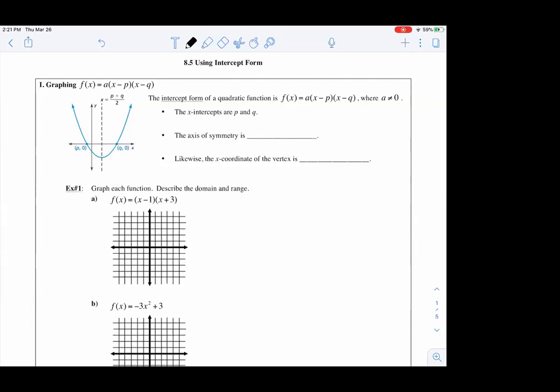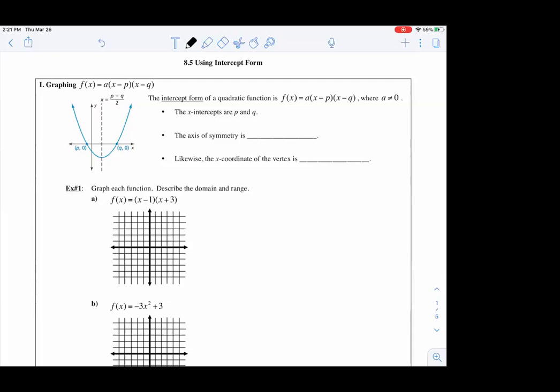Adrian, can you tell me what is the vertex form of a quadratic equation? Okay, Adrian forgot. Amrita, do you remember vertex form? Yes. What is it? A parentheses x minus h squared plus k.